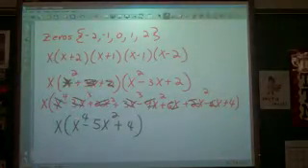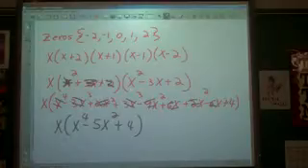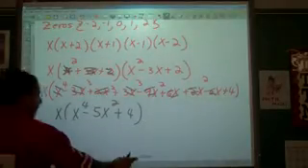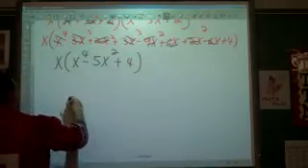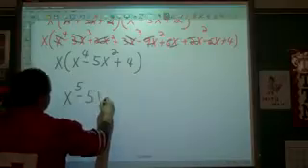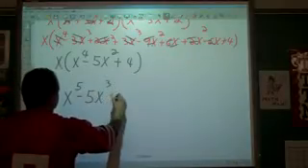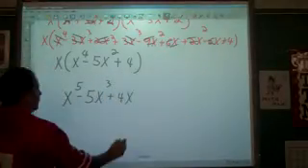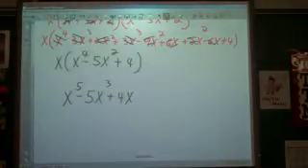Everybody agree so far? So then your final step, go ahead and multiply by the x. And if all went well, that would be what we start with. Is that good? Yeah.